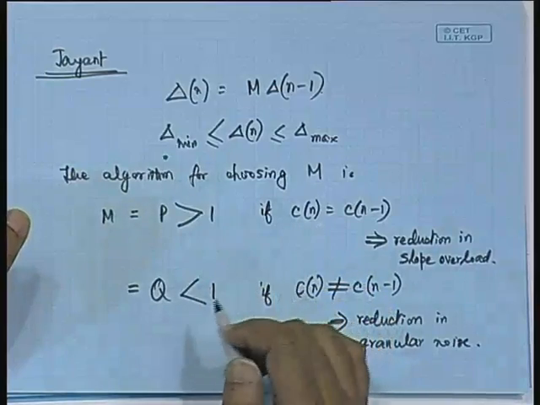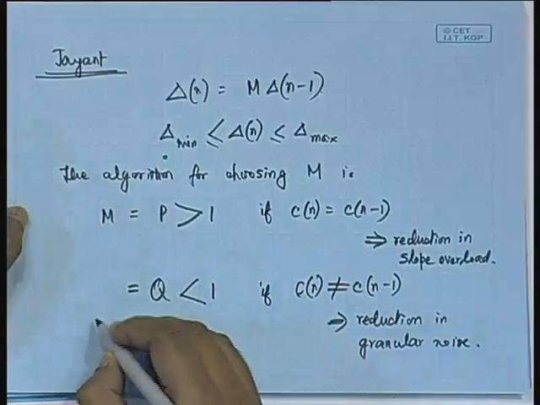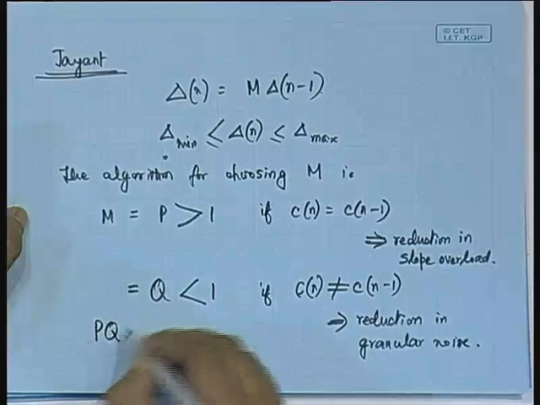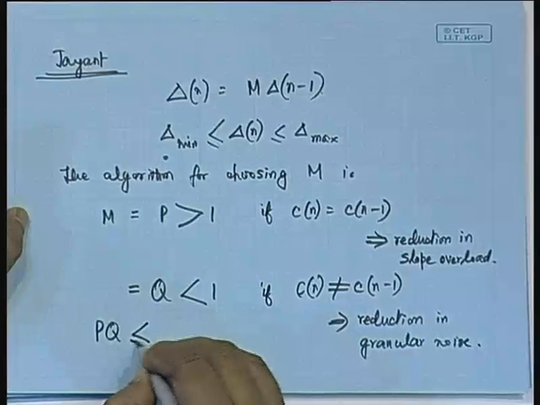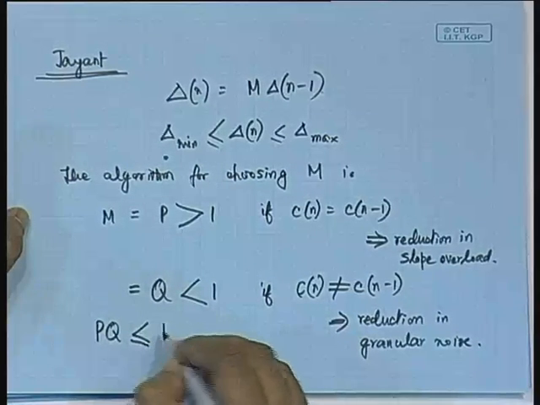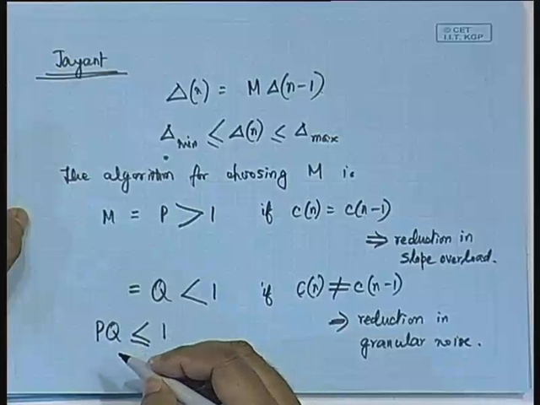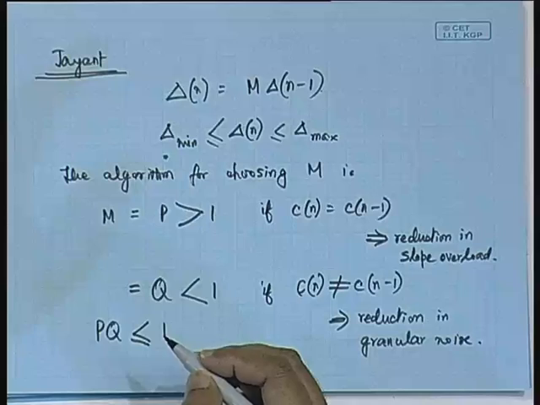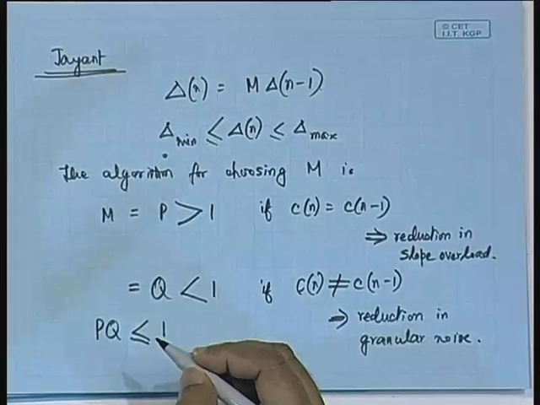Based on Jayant's work, and Jayant also showed that to have stability, the value of P multiplied by Q should be less than or equal to 1. People sometimes implement with PQ equal to 1 also.